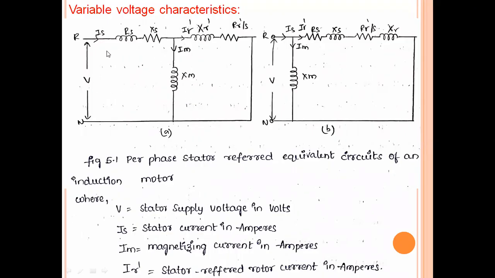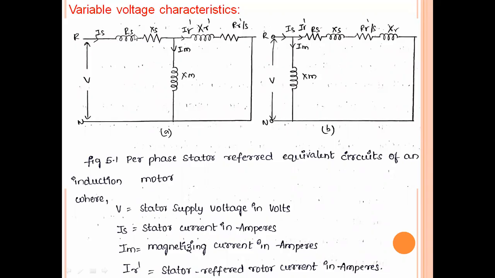Let me tell you the elements that are used here. Phase neutral, this is a per phase circuit, so a single phase representation is shown here. Next, V is the stator voltage and IS is the stator current. Sorry, this is XS, not RS, because this is winding.